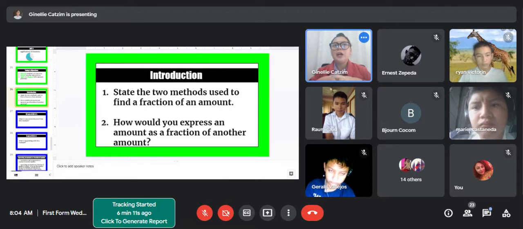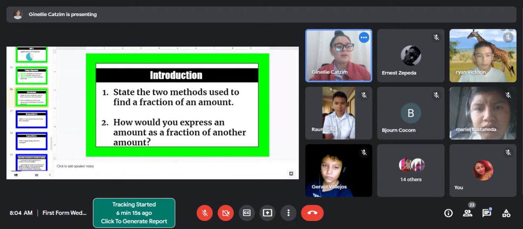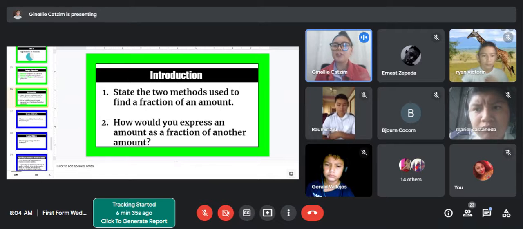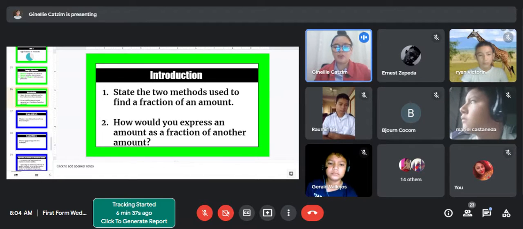So now, if I ask you, I do not want an amount now. I will give you two amounts and I want a fraction. So that is the opposite of what we did, right? How would you express an amount as a fraction of another amount? Do you have any ideas? Let me hear if you have any ideas. We're doing the opposite. You will get two amounts or two whole numbers, and you will represent it as a fraction.